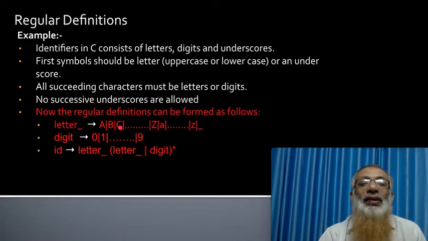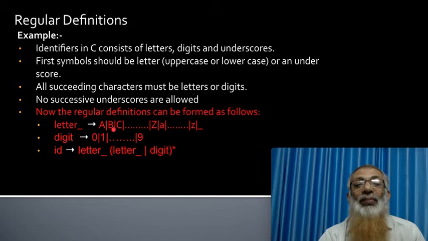Now using these letter_ and digit, we can form the regular definition for an identifier. You can see that ID is a name given for that, and ID is a combination of earlier definitions. We make use of definitions here. Since we had given names for all these regular expressions, we can conveniently make use of these names to make our final regular definition for the identifier.